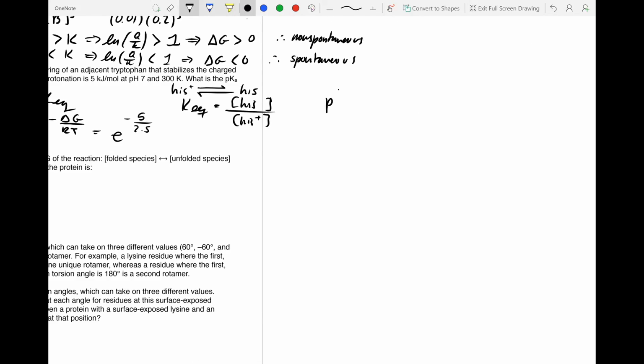Then the pK, and this is the Henderson-Hasselbalch equation. It's going to be histidine plus. Okay, so we know that this is equivalent to KEQ. So I'm just going to substitute directly with the value that you get here.